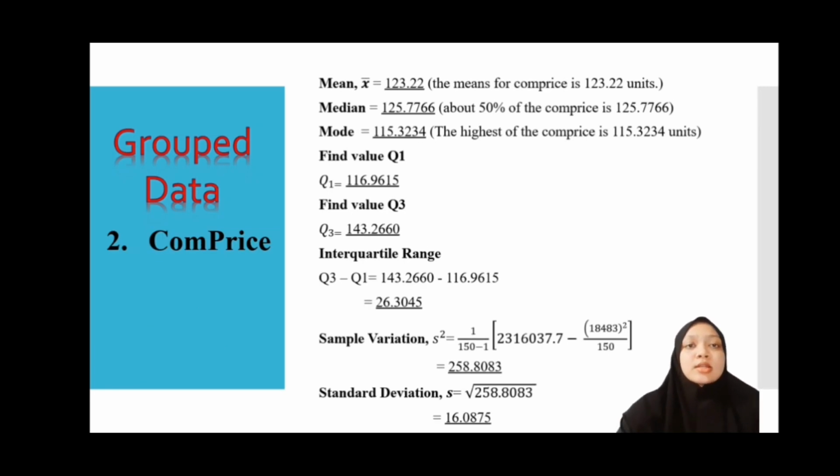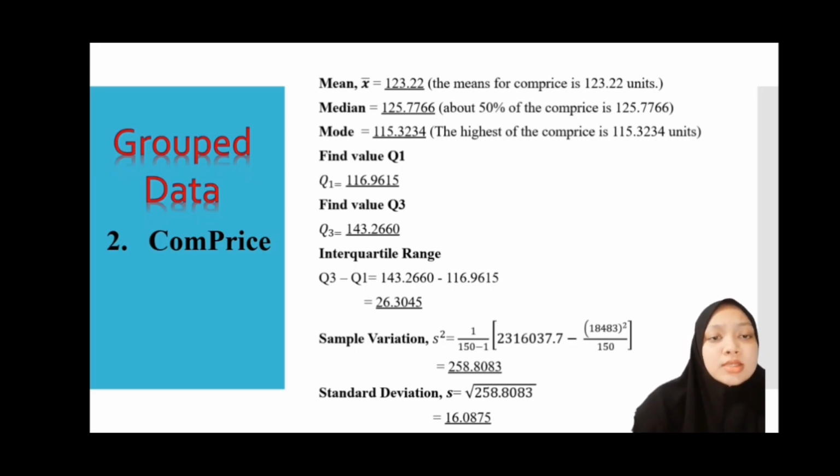Next, group data for comprise. Mean for comprise is 123.22, while median is 125.7766. Mode for comprise is 115.323234. Quartile 1 for comprise is 116.9615, while quartile 3 is 143.2660.